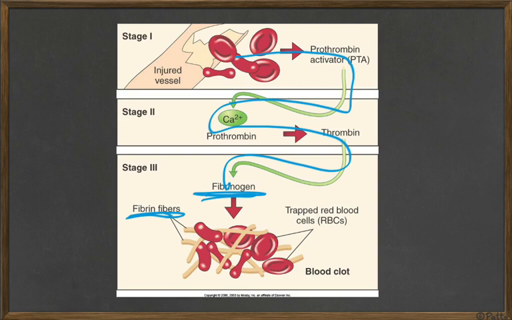These fibers show up and start trapping red blood cells and platelets, and they make a little block just to stop the blood from leaving.